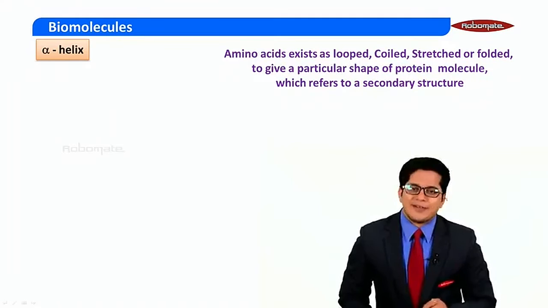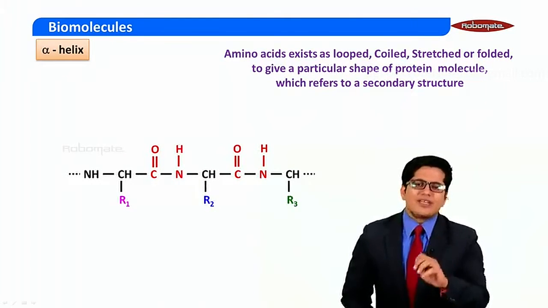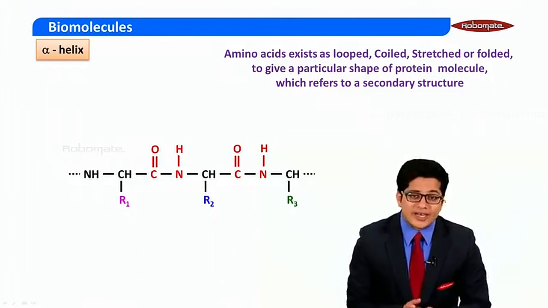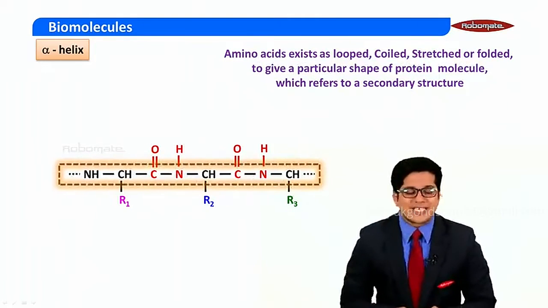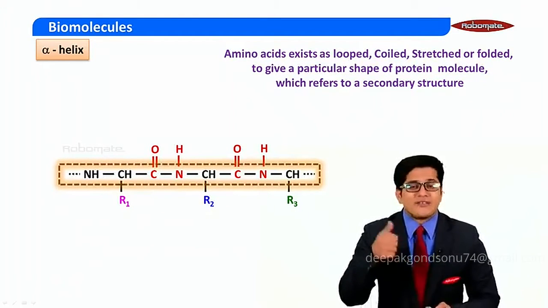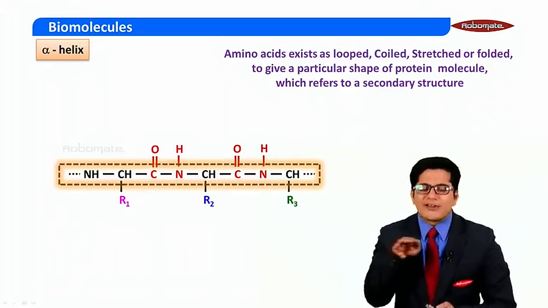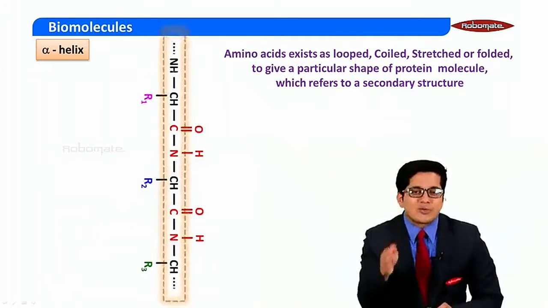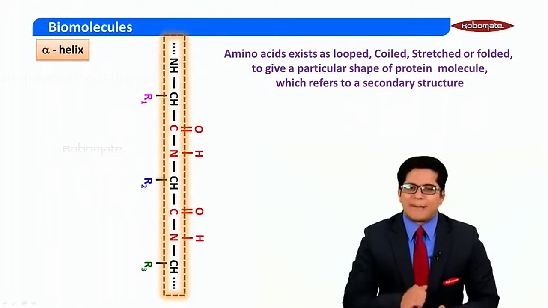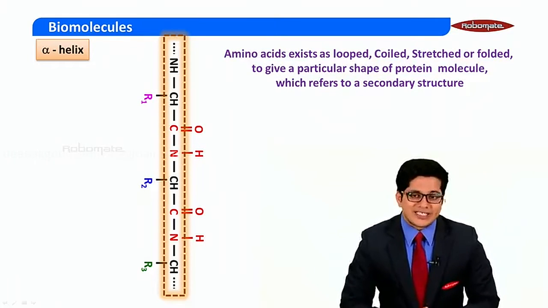Let's take an example. We already have a primary structure of protein wherein you had a backbone in this case. Now suppose this backbone, instead of keeping it horizontal, let's keep it vertical. What would happen? We get a compound like this.